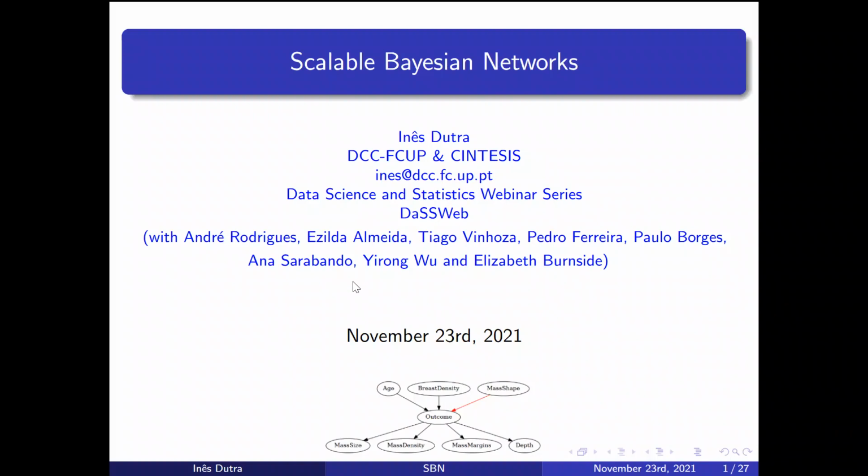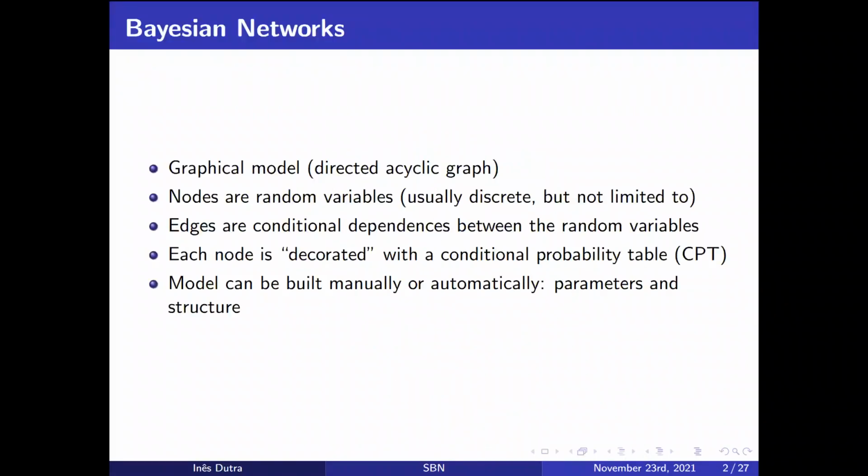Okay. So just to put a little bit of context, I don't know if everyone there is acquainted with Bayesian networks. So Bayesian networks are graphical models, basically directed acyclic graphs, where nodes are random variables, usually discrete, but not limited to, because we can work with continuous variables as well.